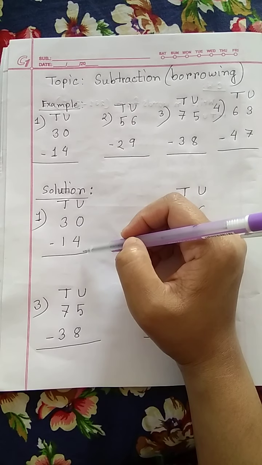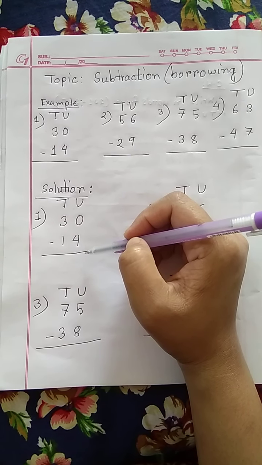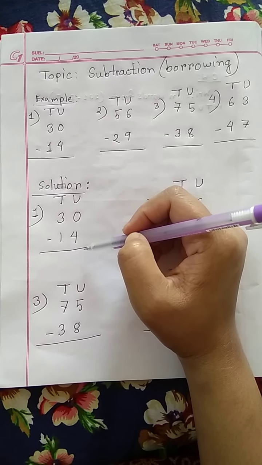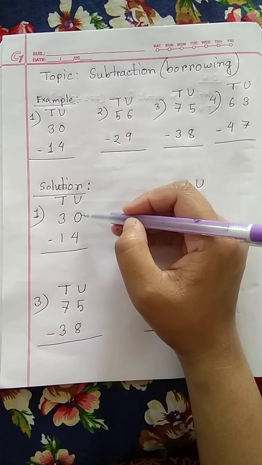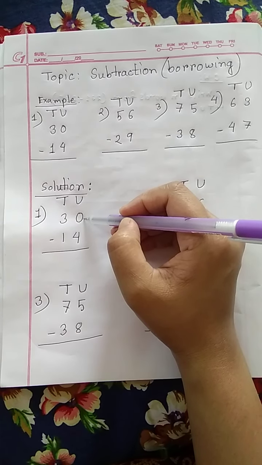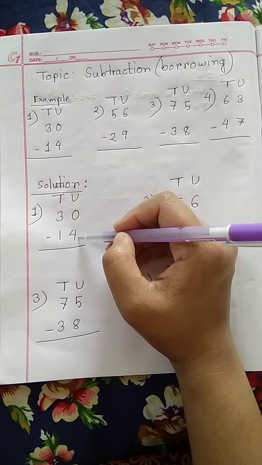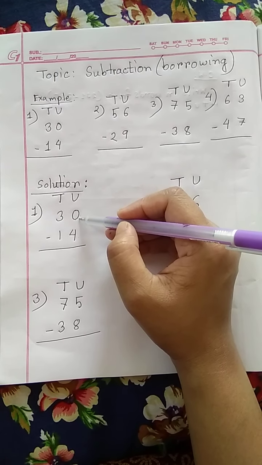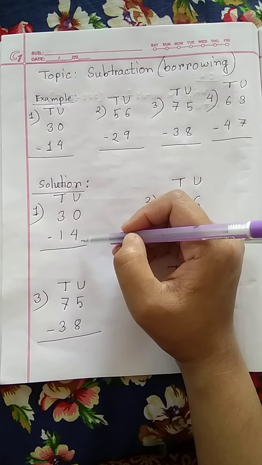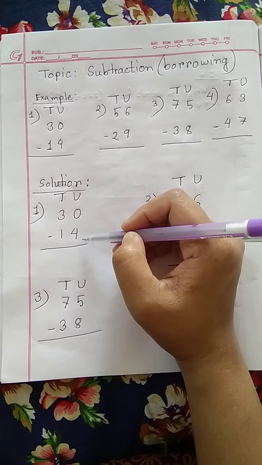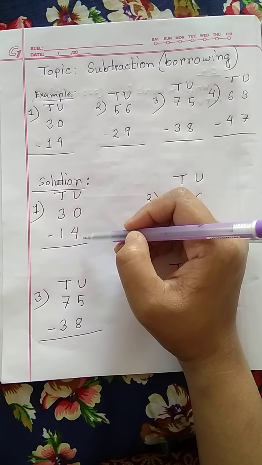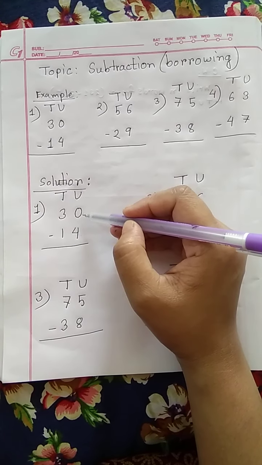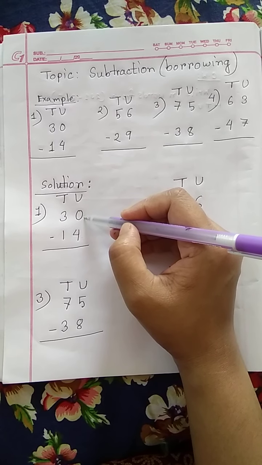We have to do the units part first. See, here is 0, here is 4. 0 is smaller than 4, right? So, can I subtract 4 from 0?